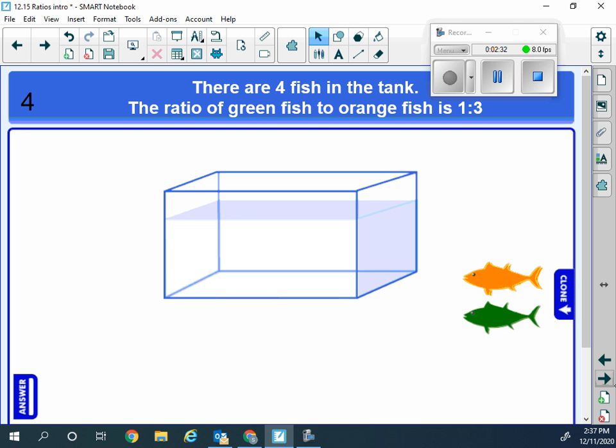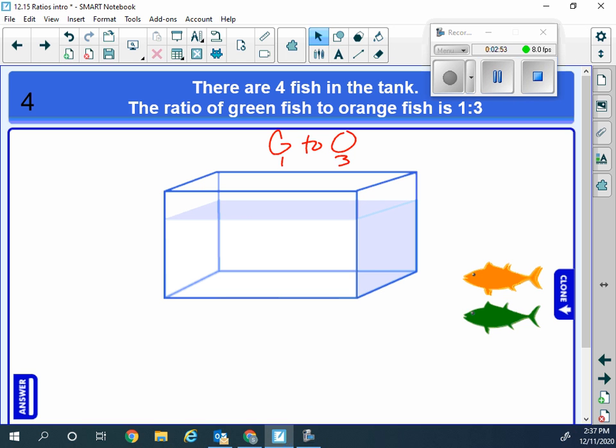There are 4 fish in the tank. The ratio of green fish to orange fish is 1/3. Okay, so what they're asking us to do is to create a picture of green to orange would be 1 to 3.